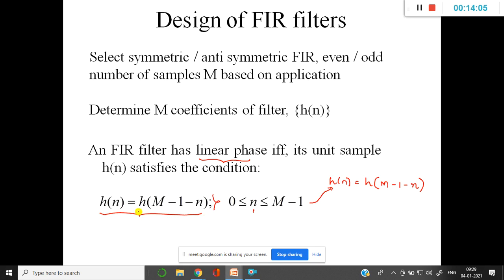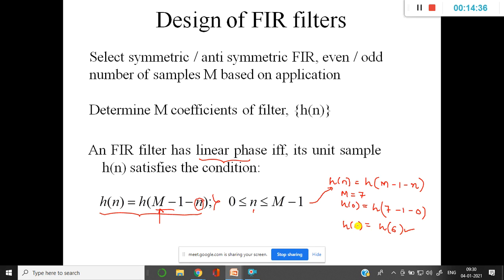That's it. Now, the total number of samples minus 1, minus that particular sample. So h of 0 must be equal to what? Let me assume that M equals 7. So 7 minus 1 minus 0 sample, which means h of 0 is equal to h of 6.